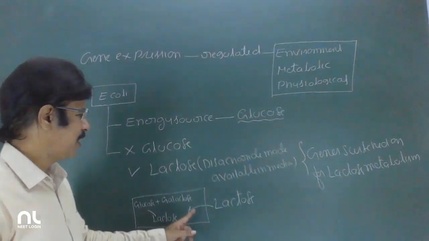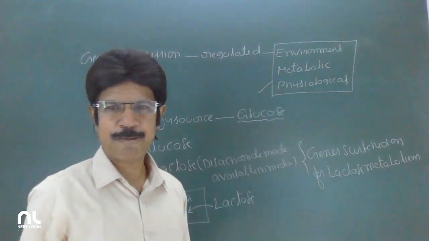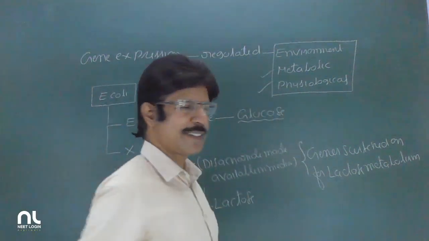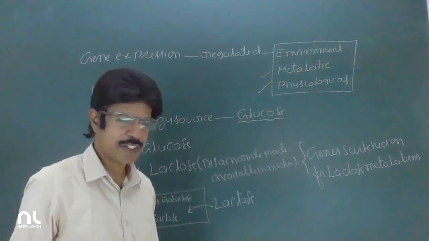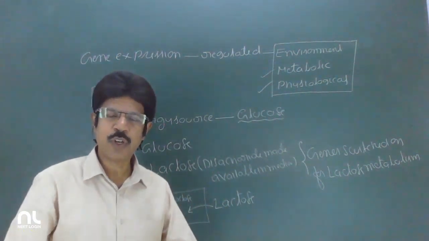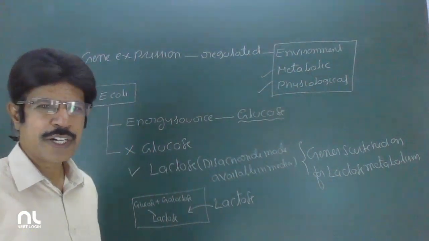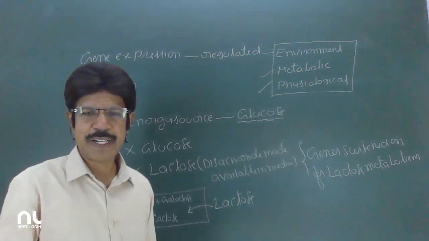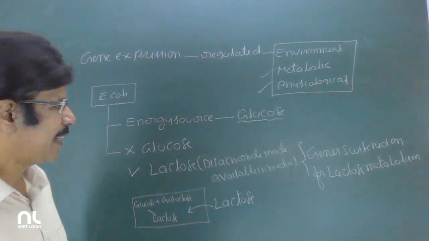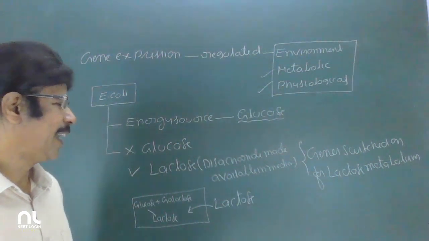So the genes are switched on whenever there is a requirement. Physiologically it requires energy. Metabolic activities require energy. And in the environment you are providing lactose, so then genes are switched on. Genes are switched on and off depending upon the requirement. Lactose is a disaccharide, and it is hydrolyzed into glucose and galactose. E. coli, for the sake of energy, depends only on glucose. In absence of glucose, it uses lactose. Glucose is catabolized and energy is available; that is the general thing. If glucose is not available and lactose is made available, then genes are switched on to catabolize lactose, breaking it down into glucose and galactose.